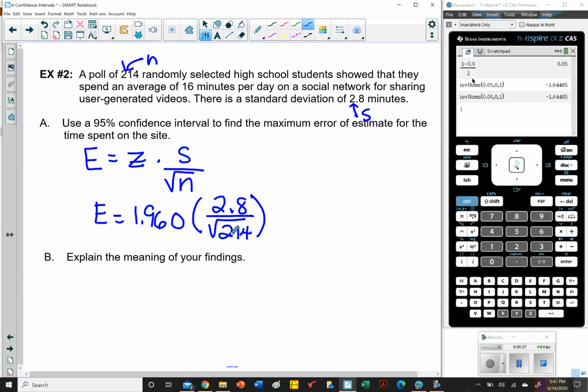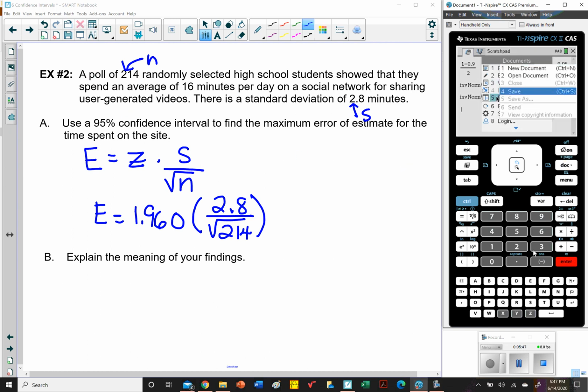And we want to calculate that to see what our error is. So we've got 1.960 times 2.8 divided by the square root of 214. So we got 0.375.